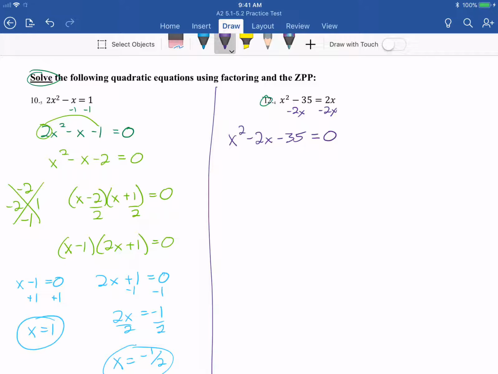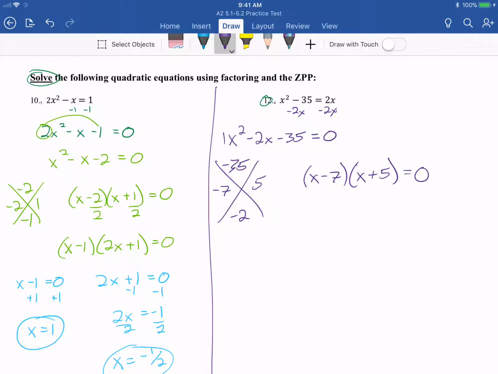Now this one's pretty easy because my a value is 1, so I can plug this right into the diamond. I get negative 35 and negative 2. Two things that multiply to negative 35 and add to negative 2 are negative 7 and positive 5. So now I get x minus 7 and x plus 5 equal to 0.